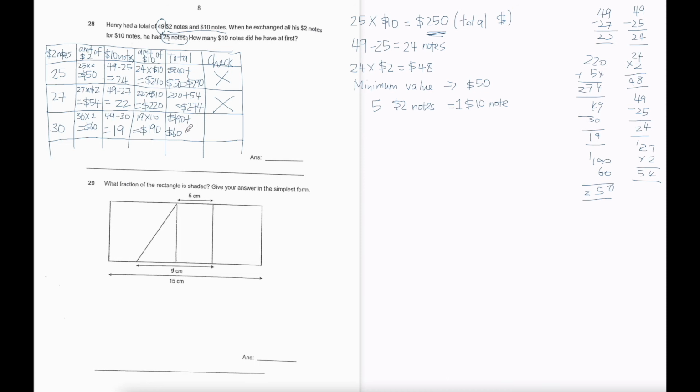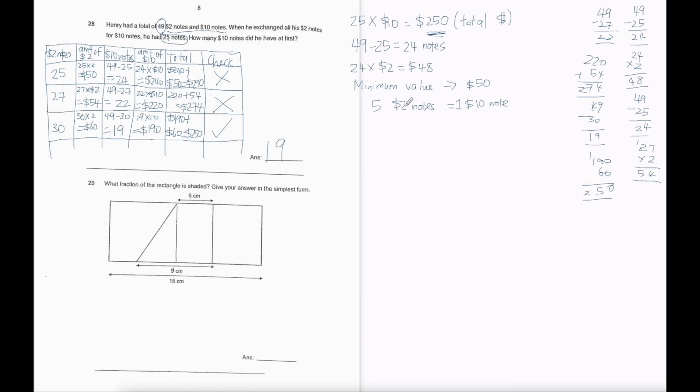Yep, 250. All this information helps us with guess and check. How many $10 notes did he have at first? There we have it, 19. Just do it slowly, it'll be worth the 2 marks.